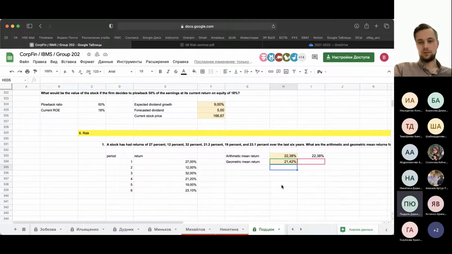Okay, what about the second one? Yep, you use the function GEOMEAN, but if we want to find it like CAGR, and we use these returns, we will have the negative number. Why will we have a negative number?